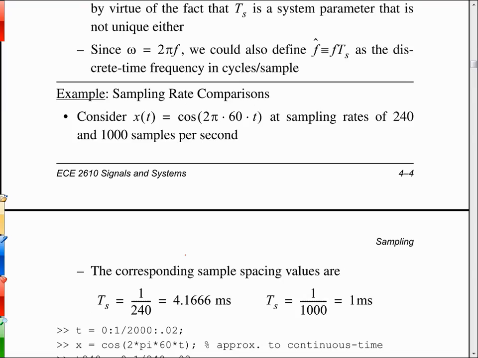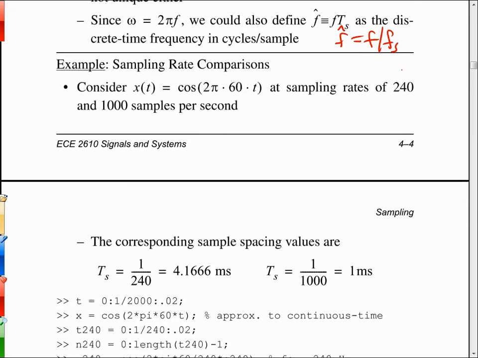Okay, we can also define a normalized frequency in cycles as opposed to radians per sample, and that would just be normalizing f in hertz by the sampling rate. So f hat is f over fs, and that would have units of cycles per sample.